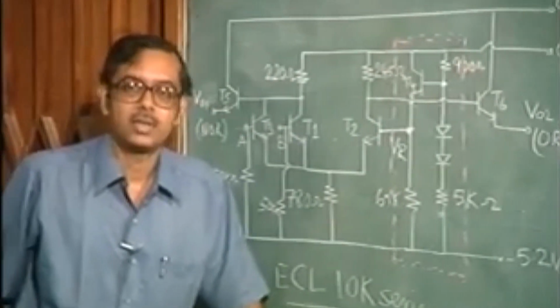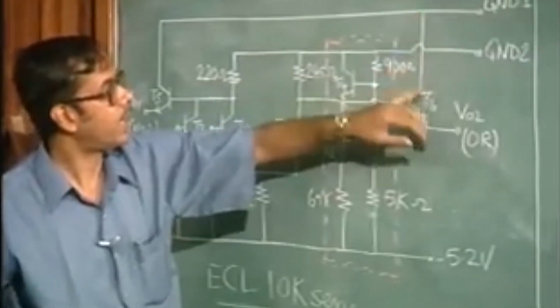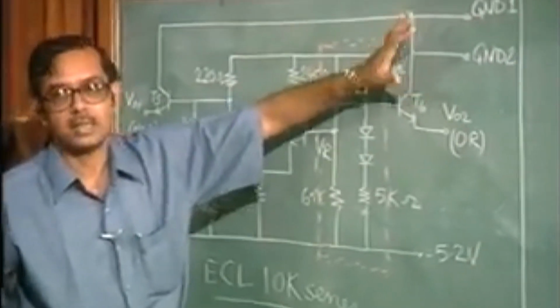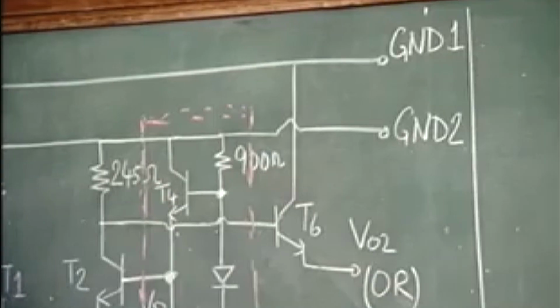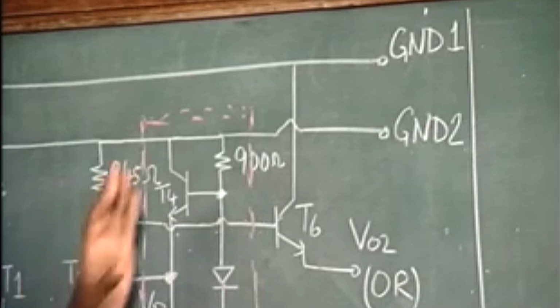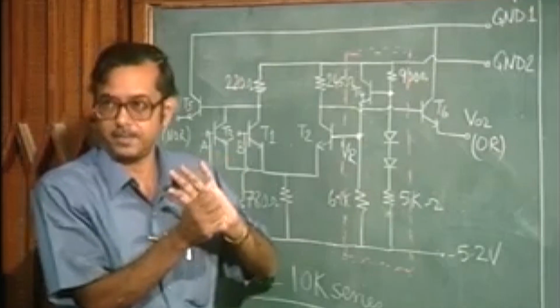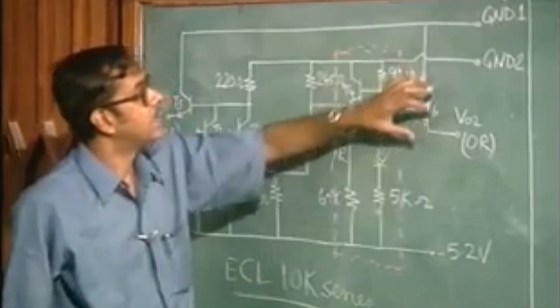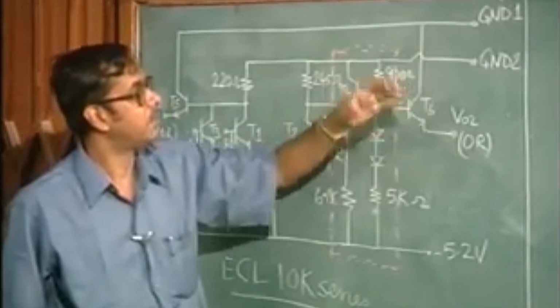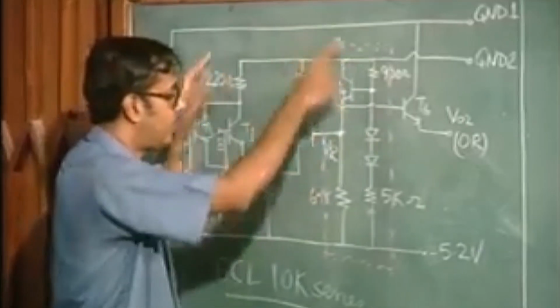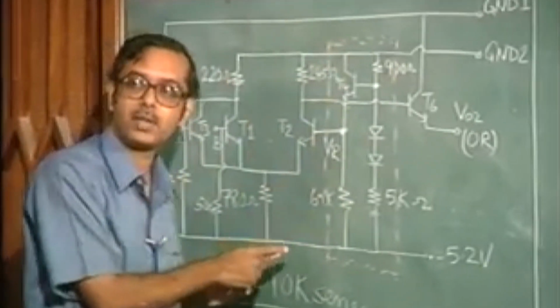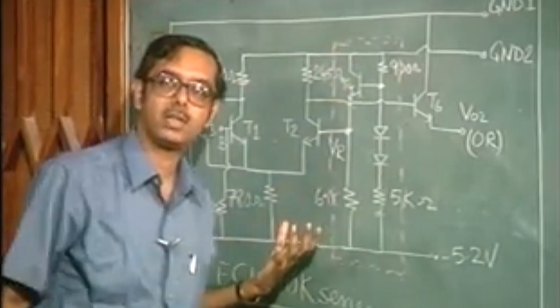So this ground 1 is considered to be the noisy ground, and ground 2 is considered to be the clean ground. Basically, the 2 grounds are separated so that the effect of any variations in power supply voltage is not felt in this part of the circuit, which is actually carrying out the logic.